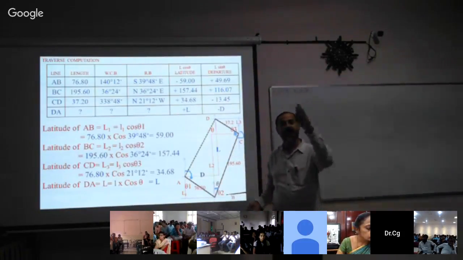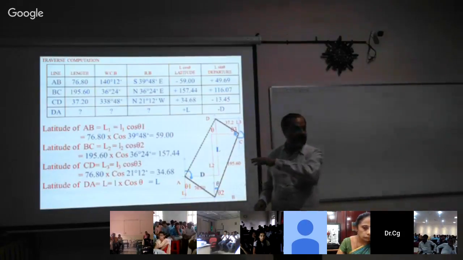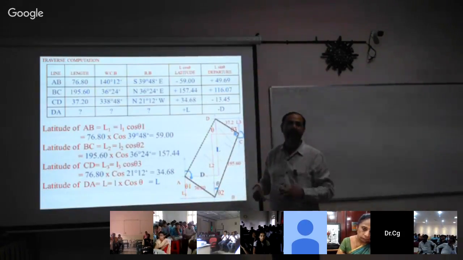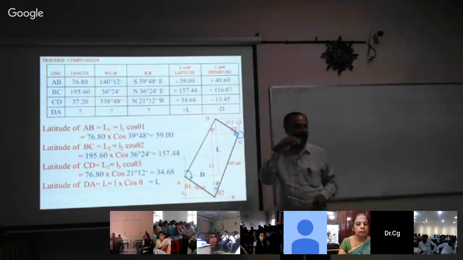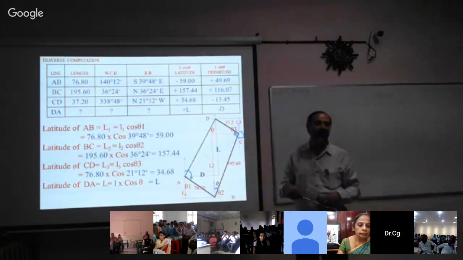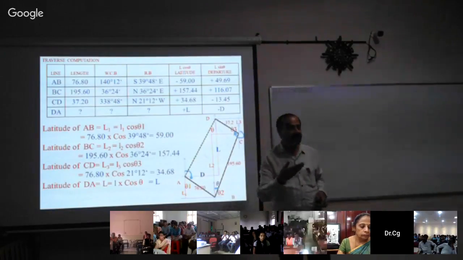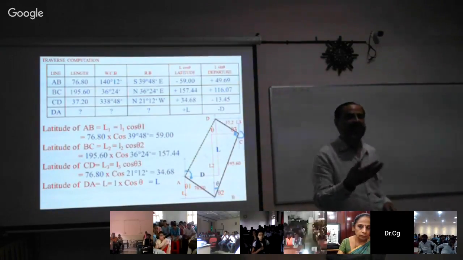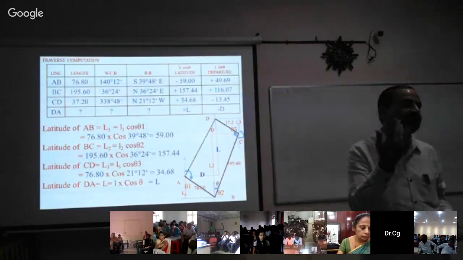Now that closing error we are utilizing, it is an advantage. Sometimes it is not possible to measure the angle and distances.